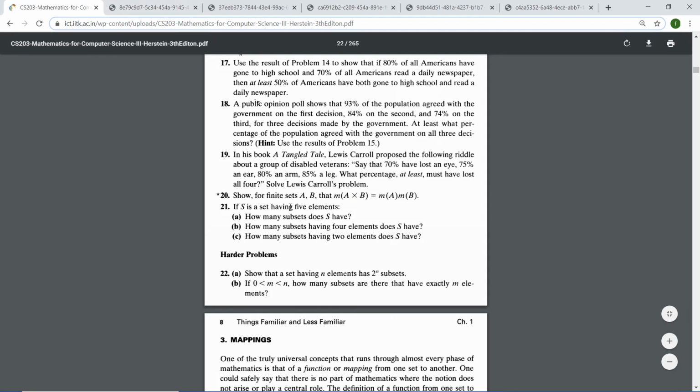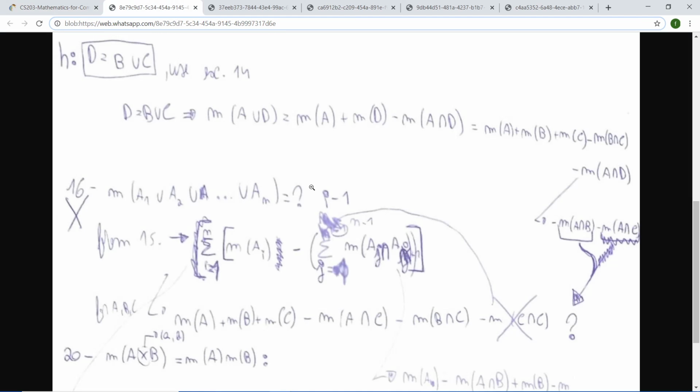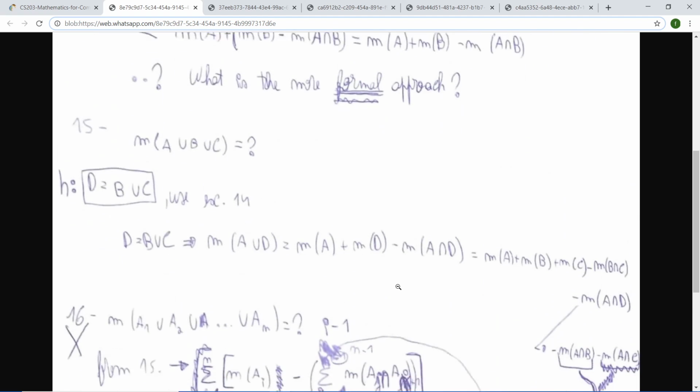Before that, I tried to do this one, which someone gave me a hint for, which is basically this thing. Hint: first consider D equal B union C, and try to do that but with n cases. Sorry. And yeah, I had done that exercise before.